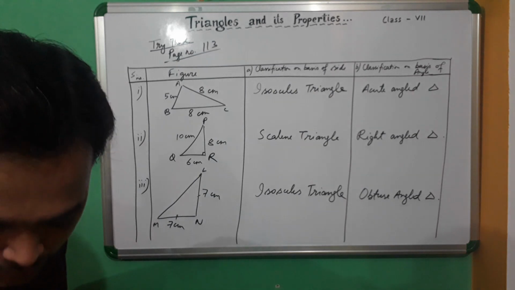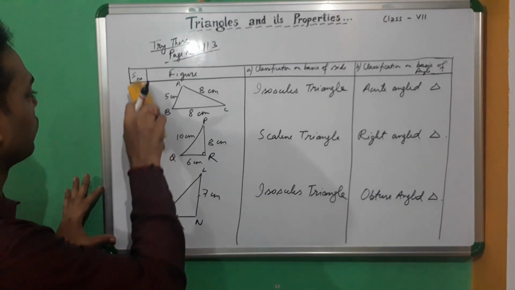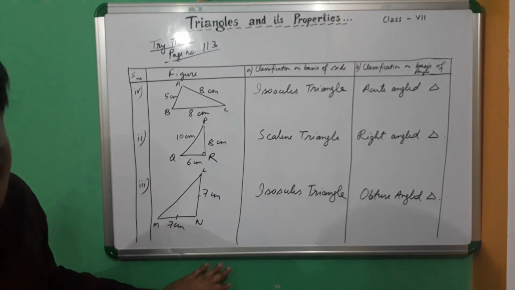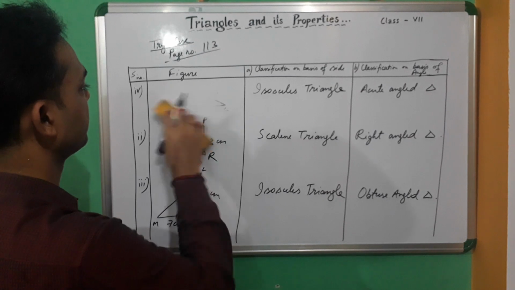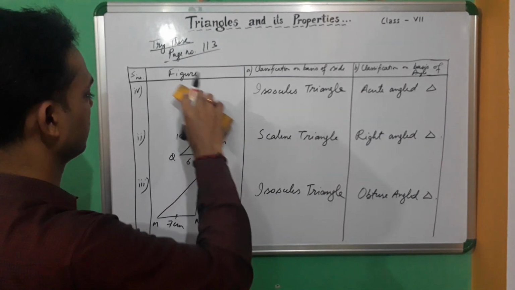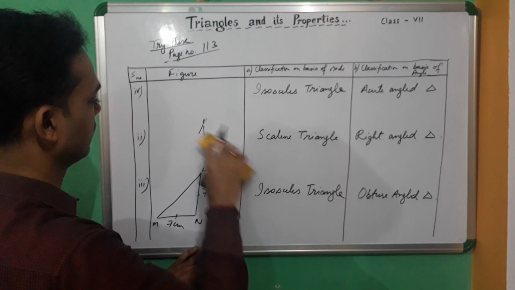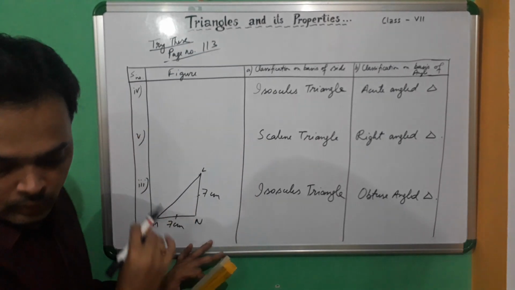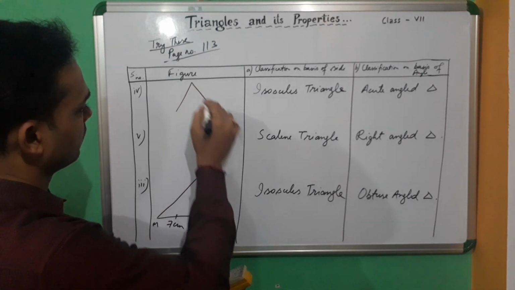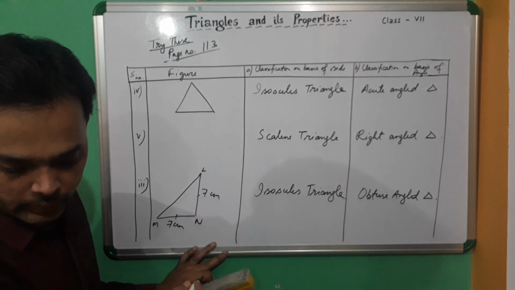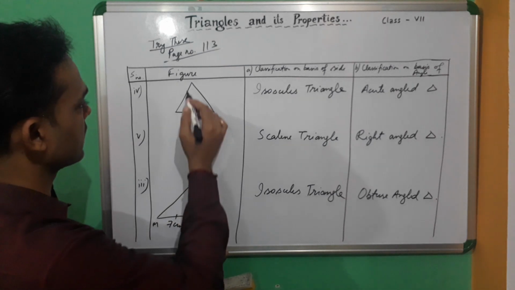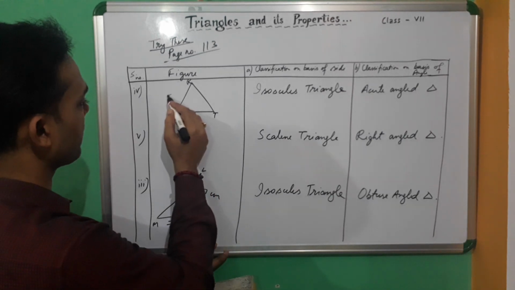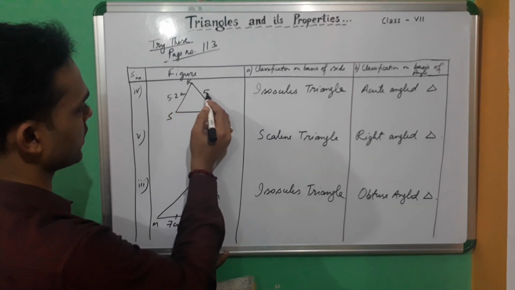Okay, so for the rest, let us do the fourth part here, and the figure that is made is RST, and all of the sides are of measurement 5.2 centimeter.